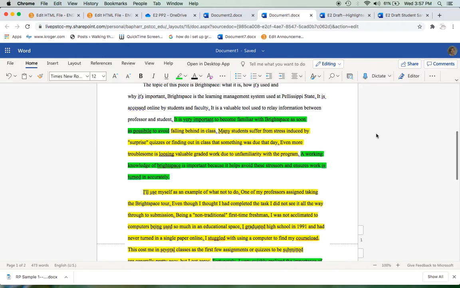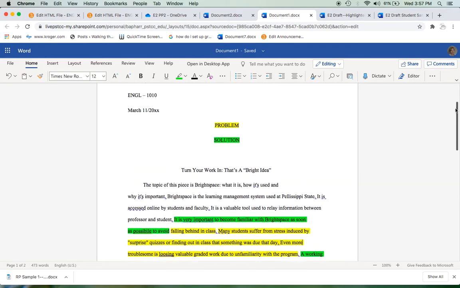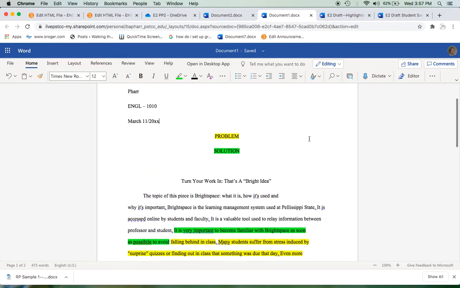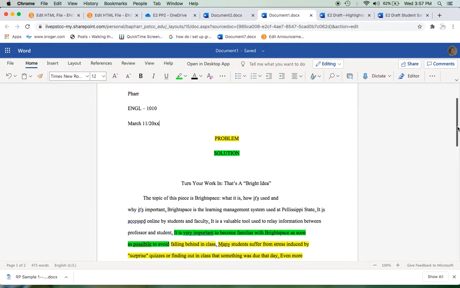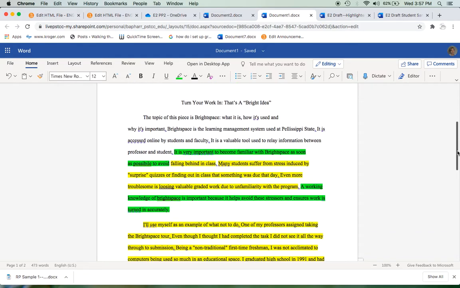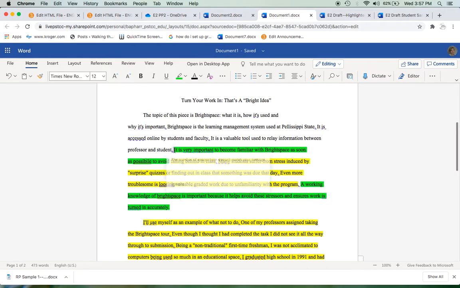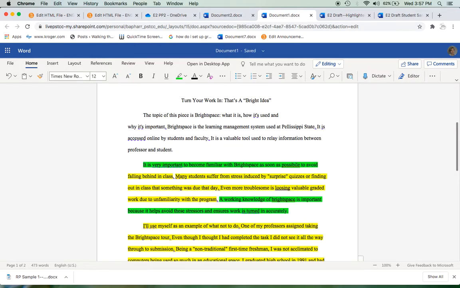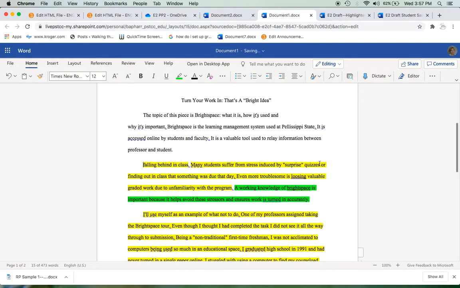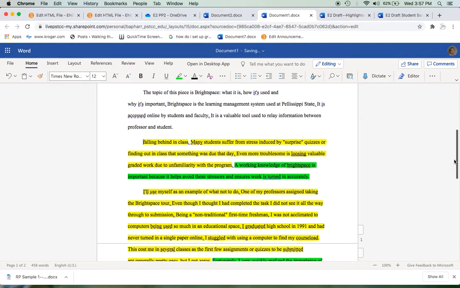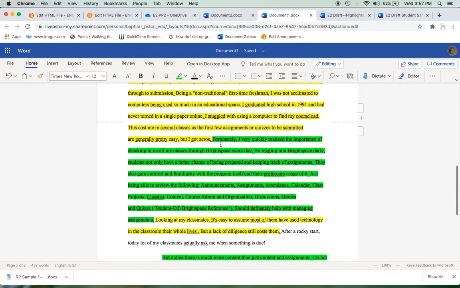Well, what I'm going to do now is I'm going to open up a new document. Actually, I'm just going to work with this one. And I'm going to move this information around so that I can work with it differently and see how it might go together. So I'm keeping the problem sections at the top part of the paper because the first body paragraph needs to be about the problem. So I'm going to move one of those solution statements down here.